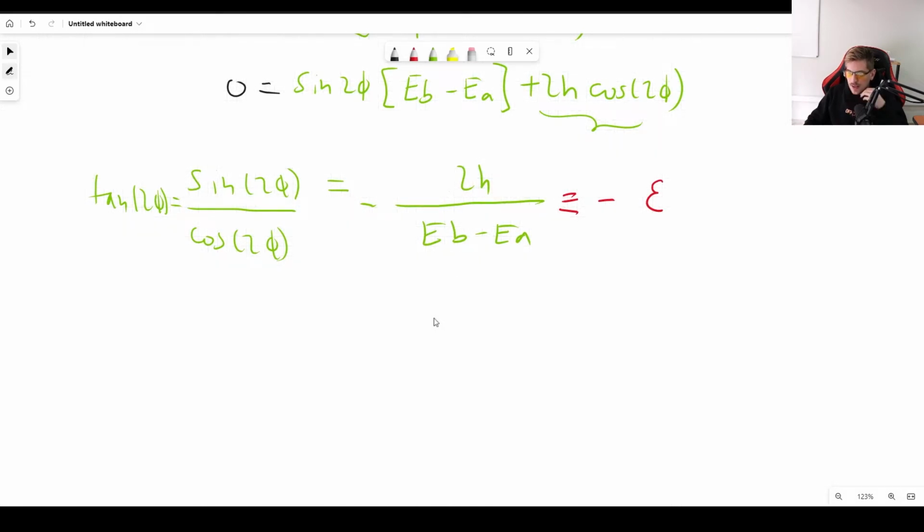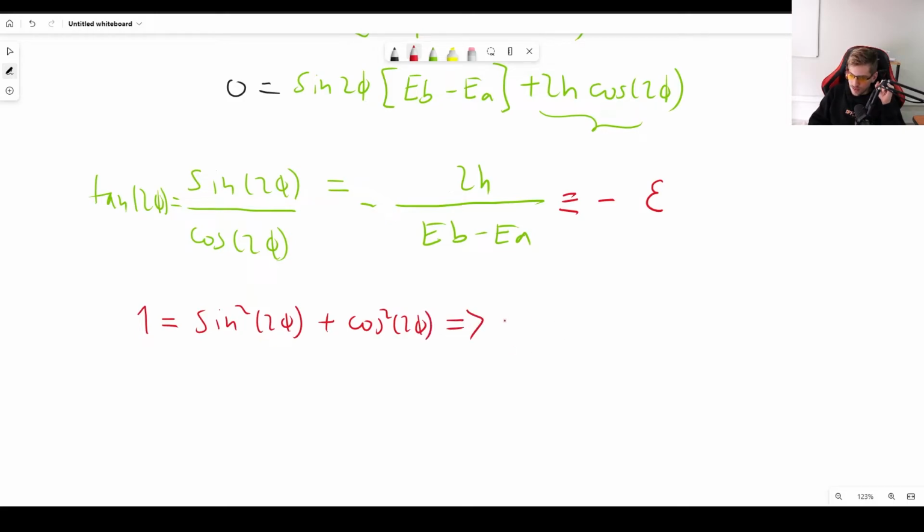Okay, so how could we do this? Well, we have sine and cosine, and we know how to write cosine in terms of sine because of another incredibly important trigonometric identity that you must know, right? Sine squared of 2 phi plus cosine squared of 2 phi.